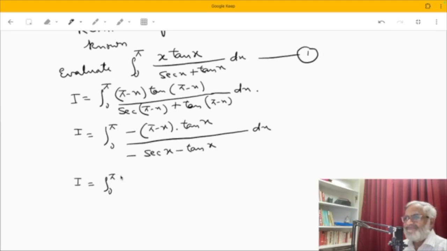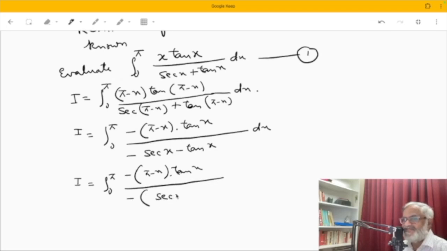Now taking minus common from the denominator, minus pi minus x into tan x, and taking minus common, this becomes sec x plus tan x. So minus minus cancels.